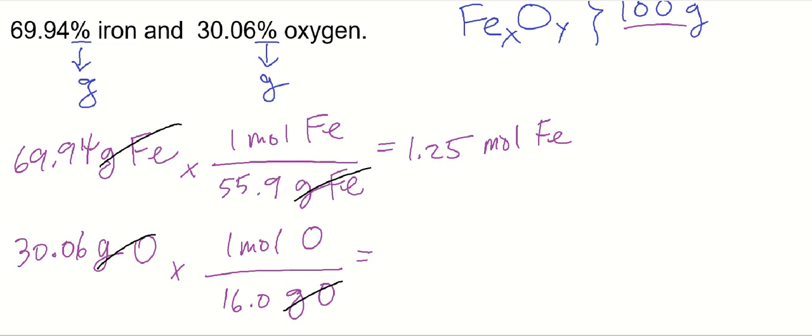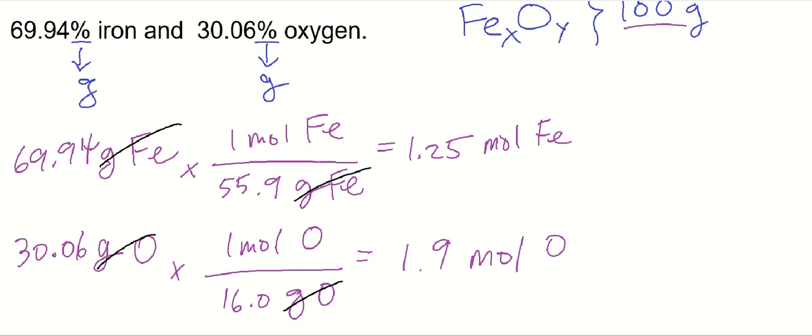For the oxygen, 30.06 divided by 16 is 1.9 moles of oxygen.